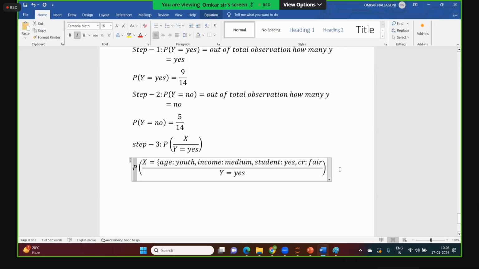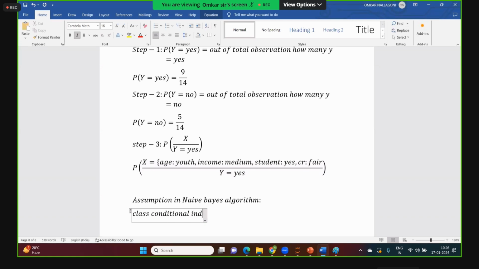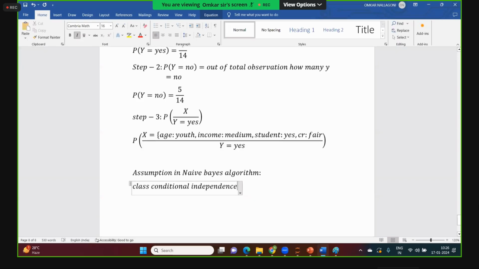The assumption in Naive Bayes is class conditional independence, which means all input variables are independent of each other.